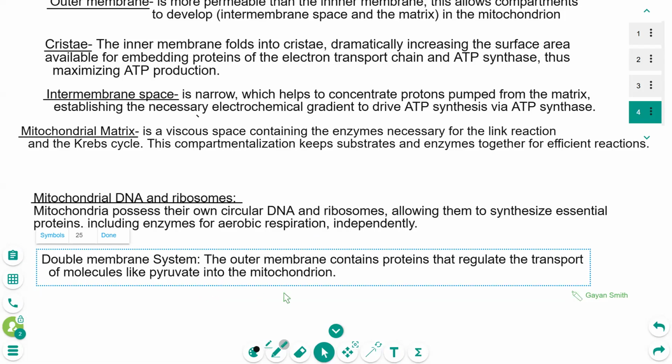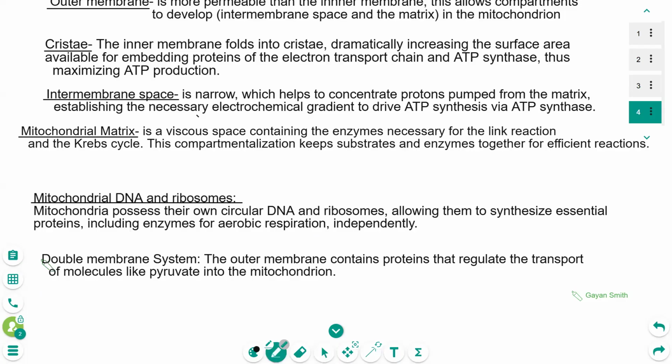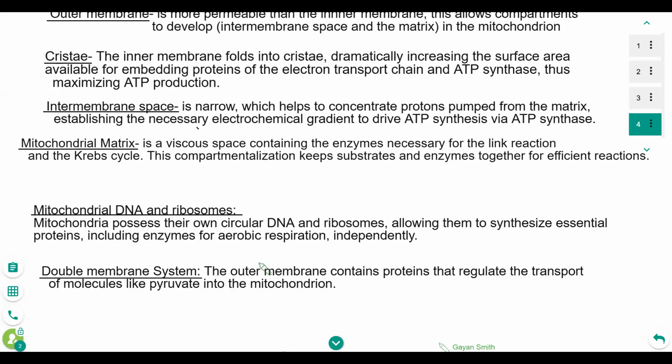The outer membrane contains a protein which regulates the transport of substances such as pyruvate into the mitochondrion. And then the inner membrane is responsible for oxidative phosphorylation. And those would be the adaptations.